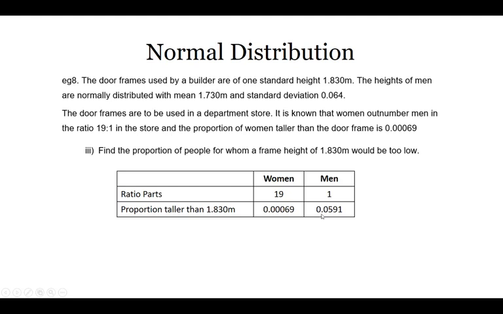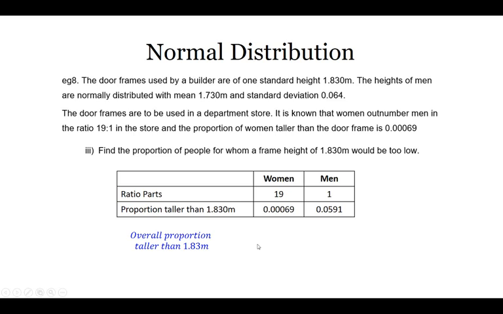This really isn't a normal part of the question at all. It's really a weighted means question. I've got 19 times more women than I have men, so I need to weight this appropriately to work out the correct proportions. The overall proportion taller than 1.83, which is essentially the same as saying those for whom the door frame will be too low.